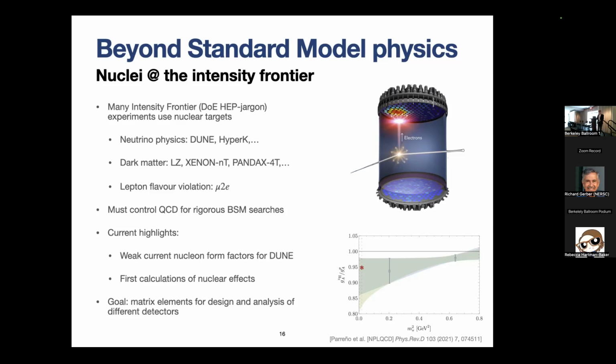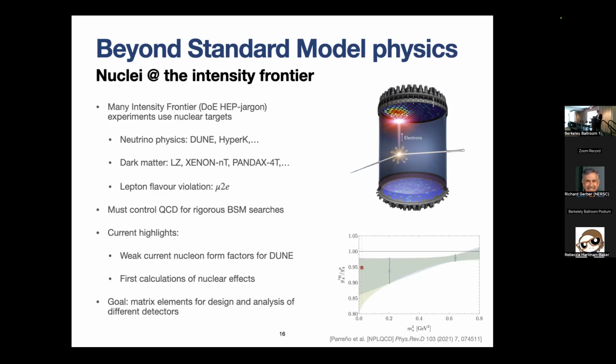And so in order to have an experiment studying neutrinos, you need a very intense beam and you need a lot of material. Similar for dark matter studies, looking for decays induced by dark matter hitting a nucleus is something where you need a lot of nuclei in order to see that.